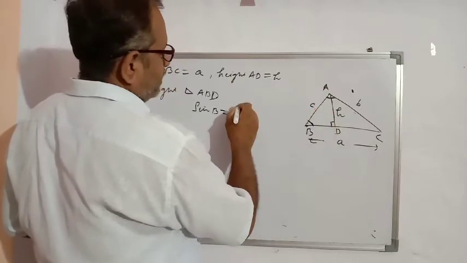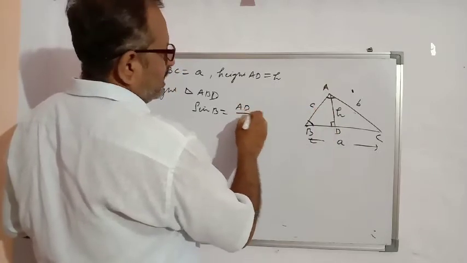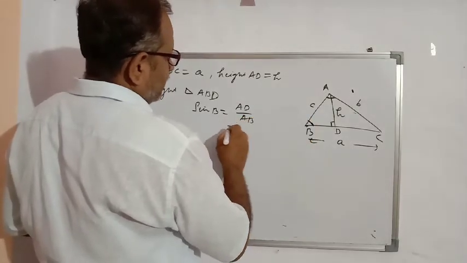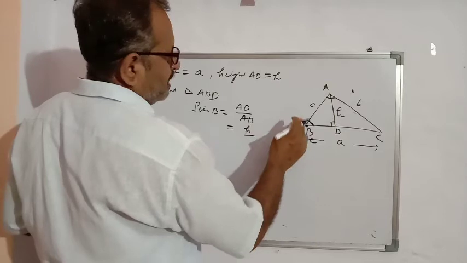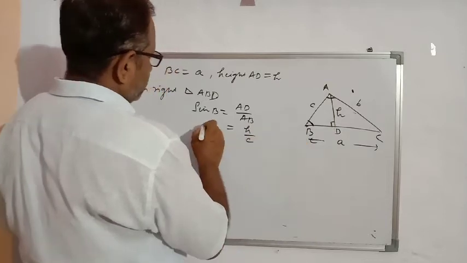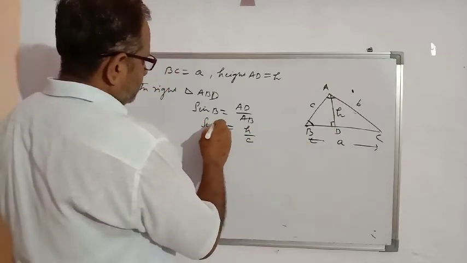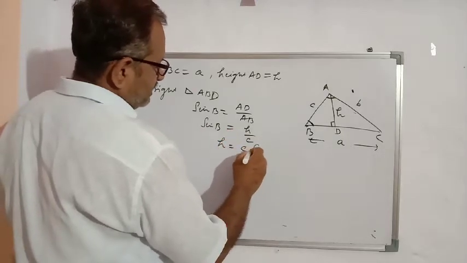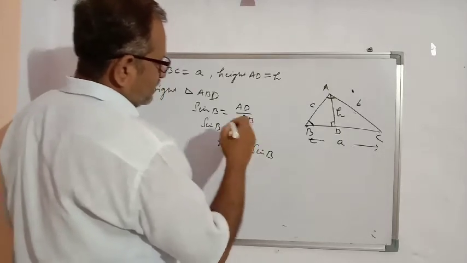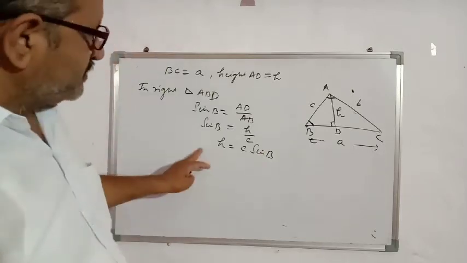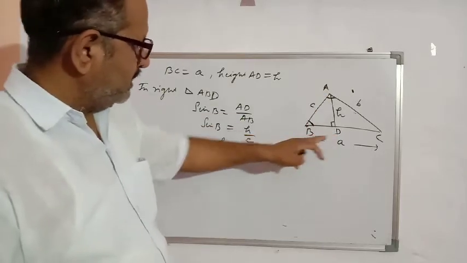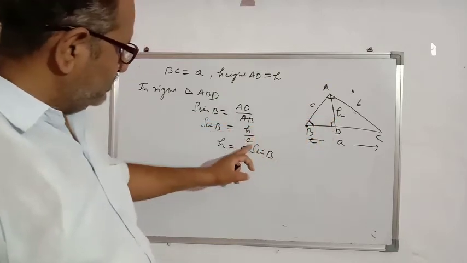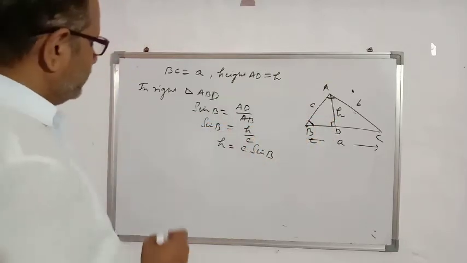So perpendicular is AD and hypotenuse is AB. AD is H, AB is c. So H by c is equal to sine B. So what will be the value of H? H is equal to c sine B.